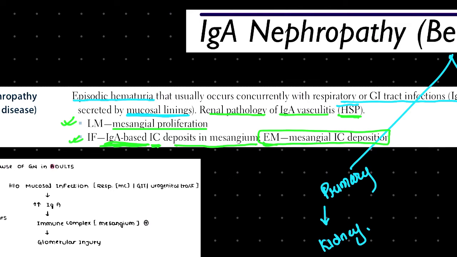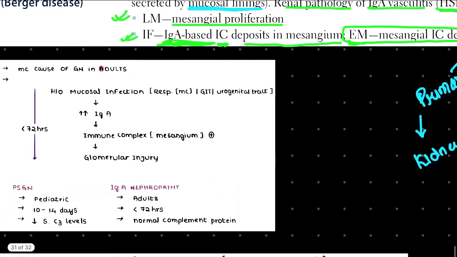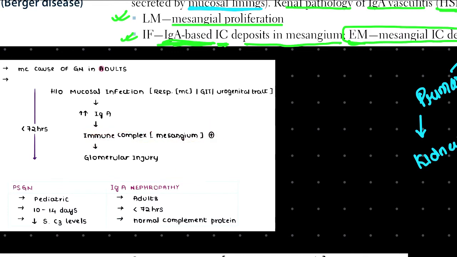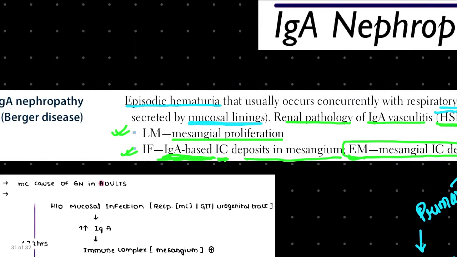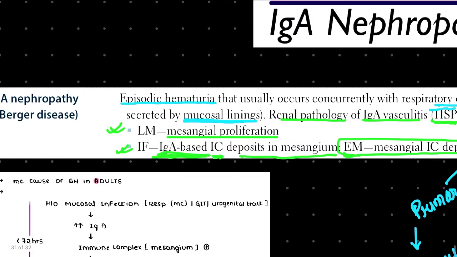The thing we need to keep in mind is that it is mainly seen in adults. The main thing is that we need to know the difference between PSGN and IgA nephropathy. We need to know about mesangial proliferation and deposition of IgA in the mesangium, which will be demonstrated in immunofluorescence.